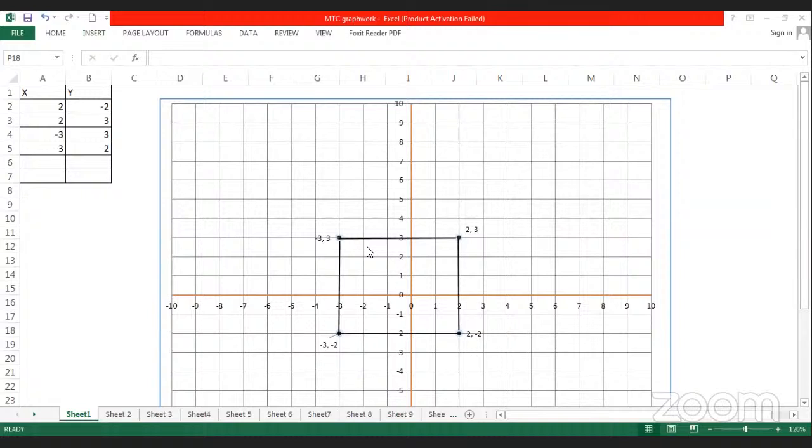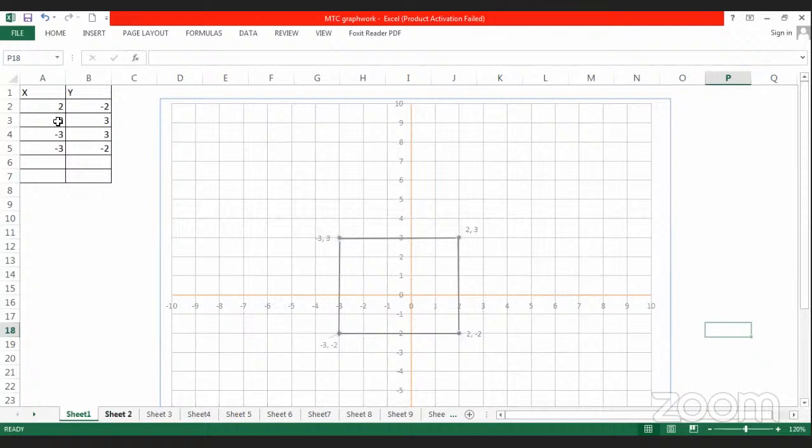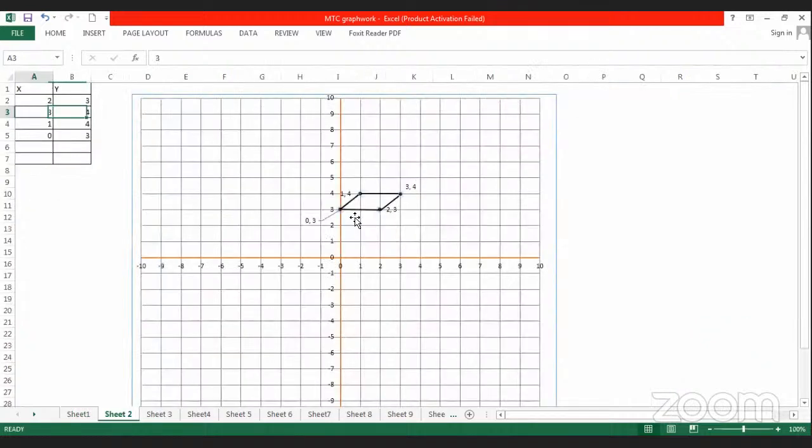The 4 sides are equal, and that is a square. Then on number 2, that is what she input, these points, and then she was able to get this.